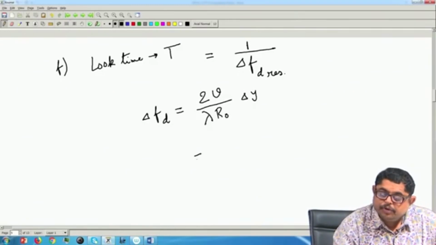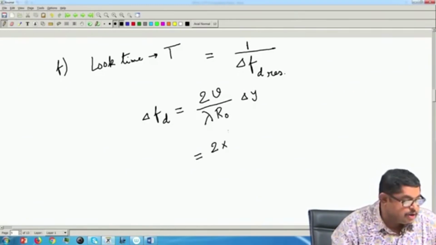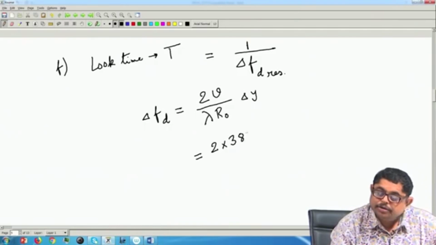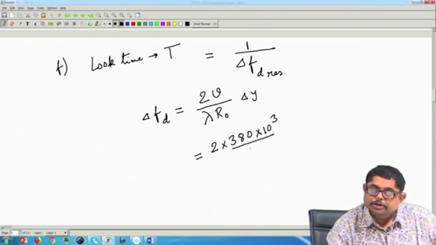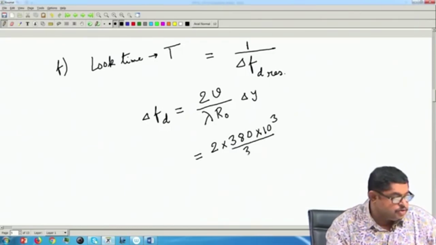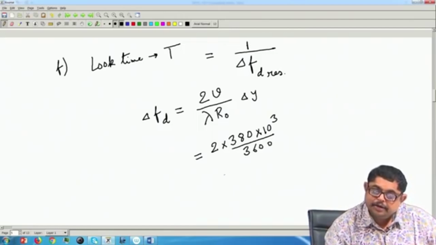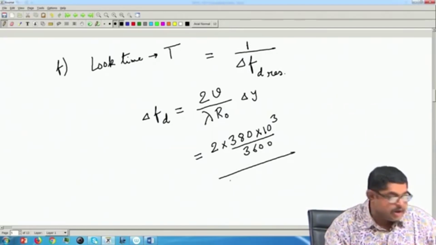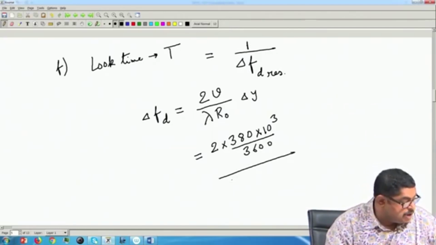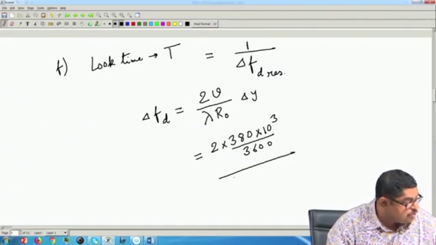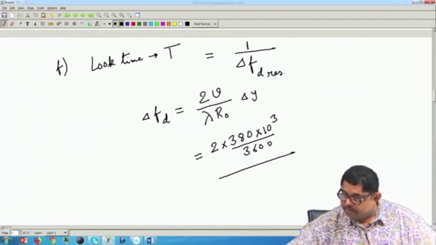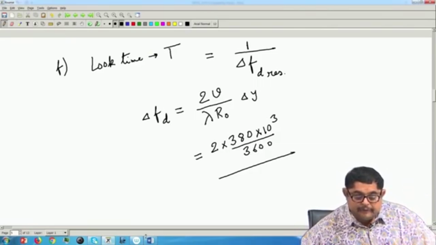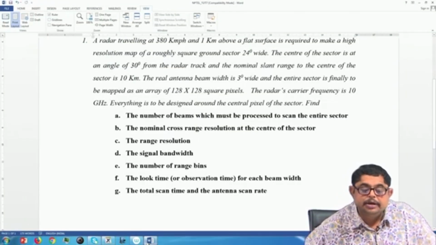Velocity is given, I think 380 kilometer per hour, so 380 into 1000 meter divided by 3600 seconds, divided by lambda. Now, what was lambda in the problem?